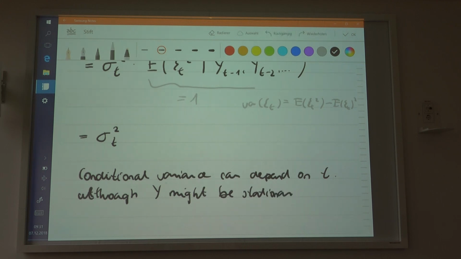That's where the name is coming from: autoregressive conditional heteroscedasticity process.